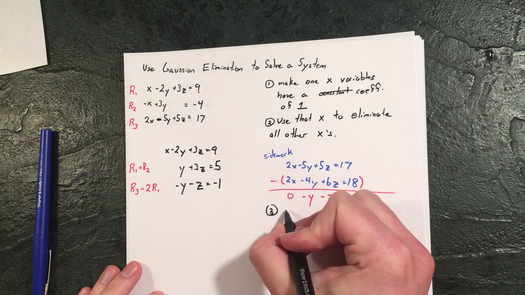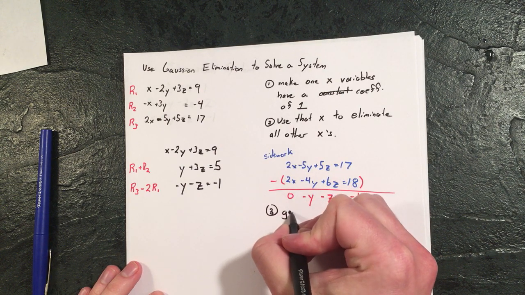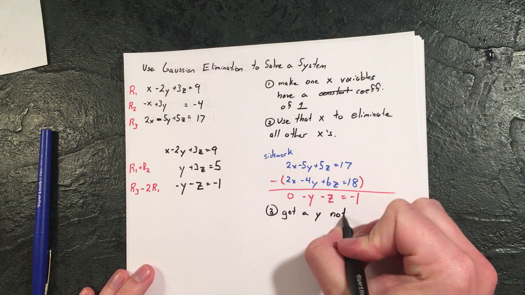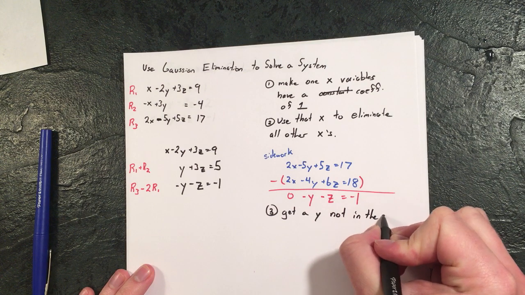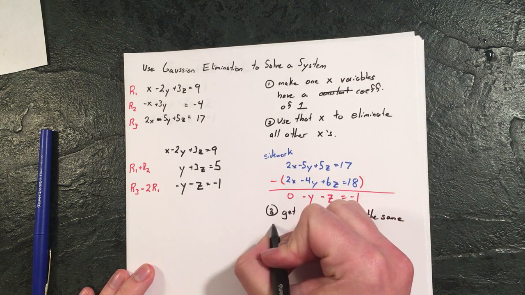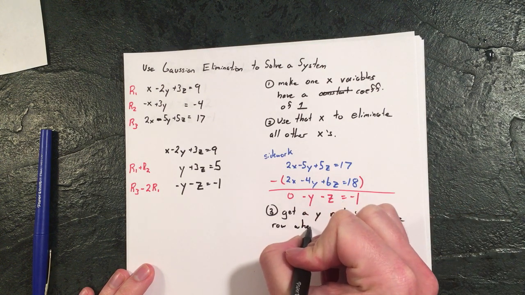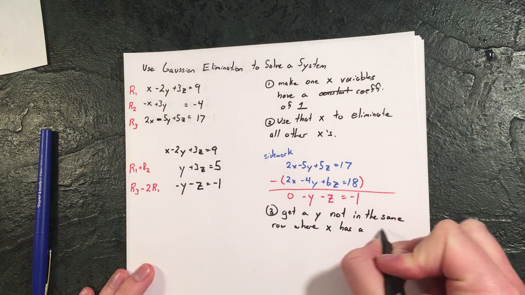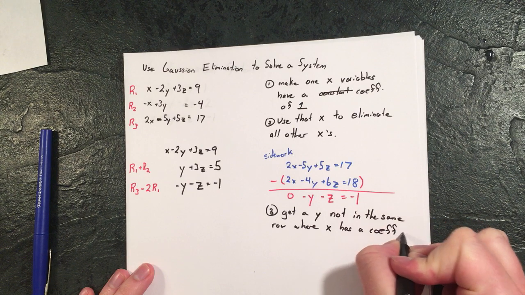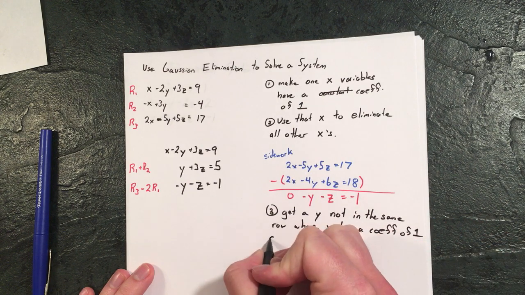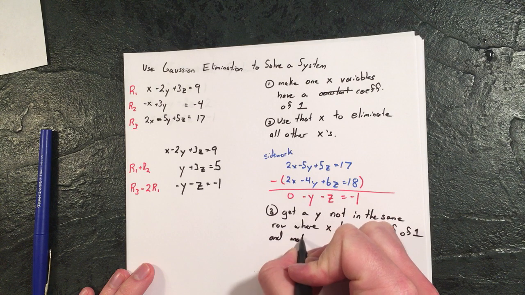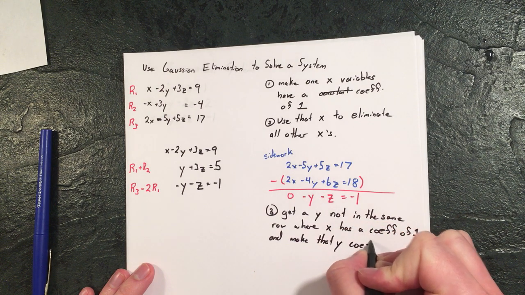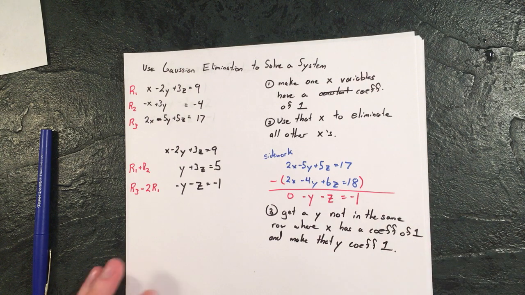So step 3 is get a y, not in the same row where x has a coefficient of 1, and make that y coefficient 1.